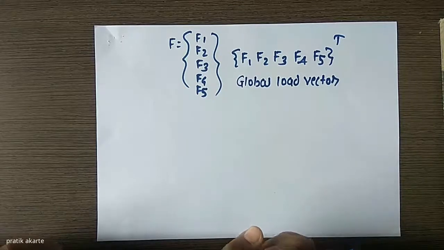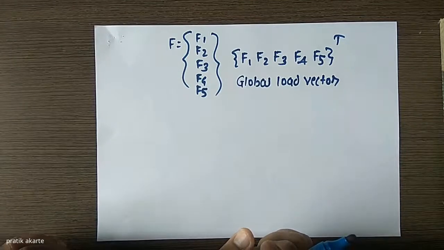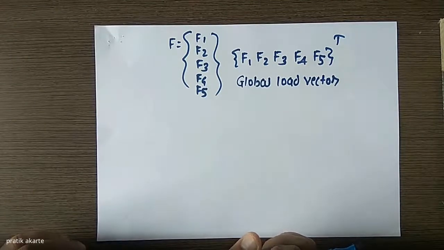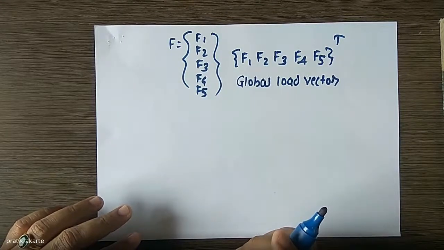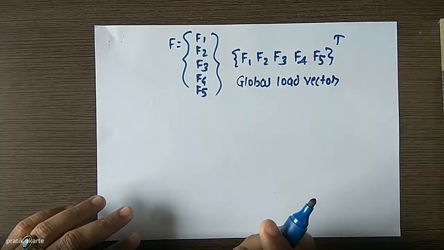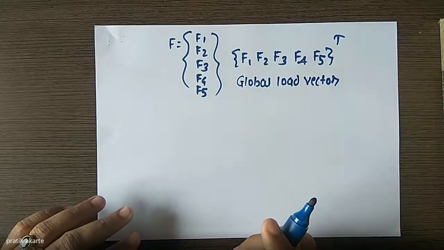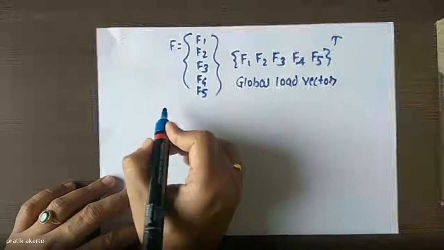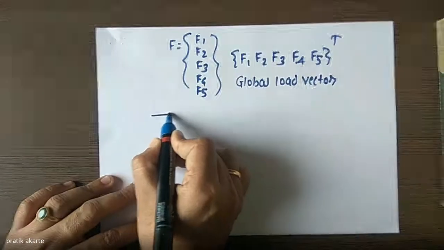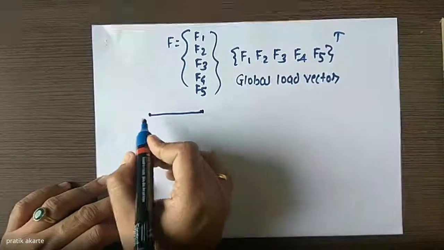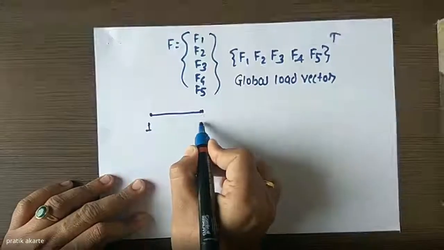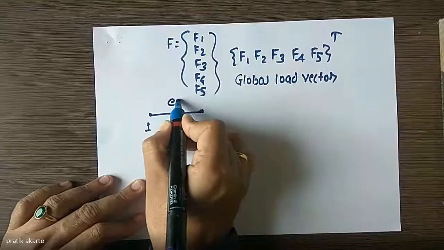Now you can see that each element has two nodes and their connectivity must be established between these two nodes. Okay, so that connectivity is established with the help of the element connectivity table. There are two types of numbering for the nodes. One is local numbering and the second is global numbering.